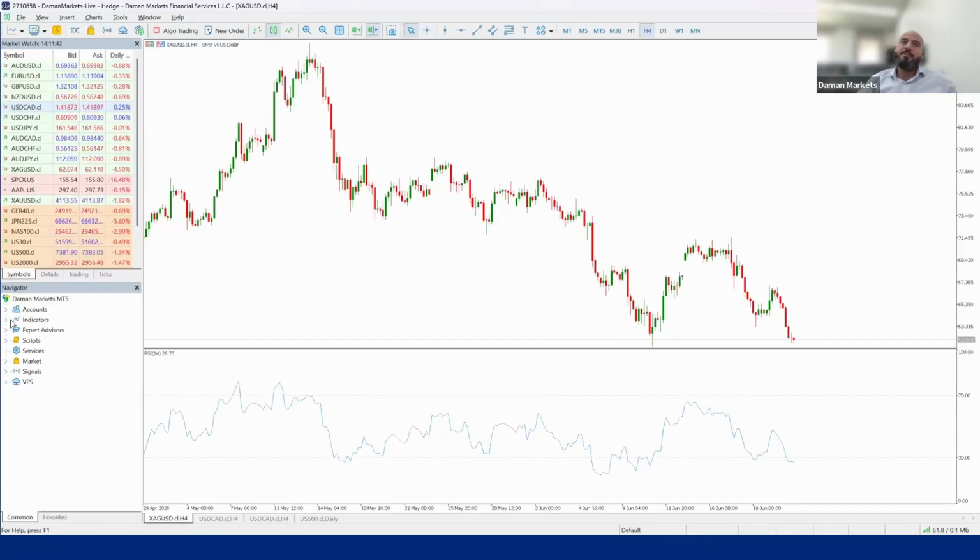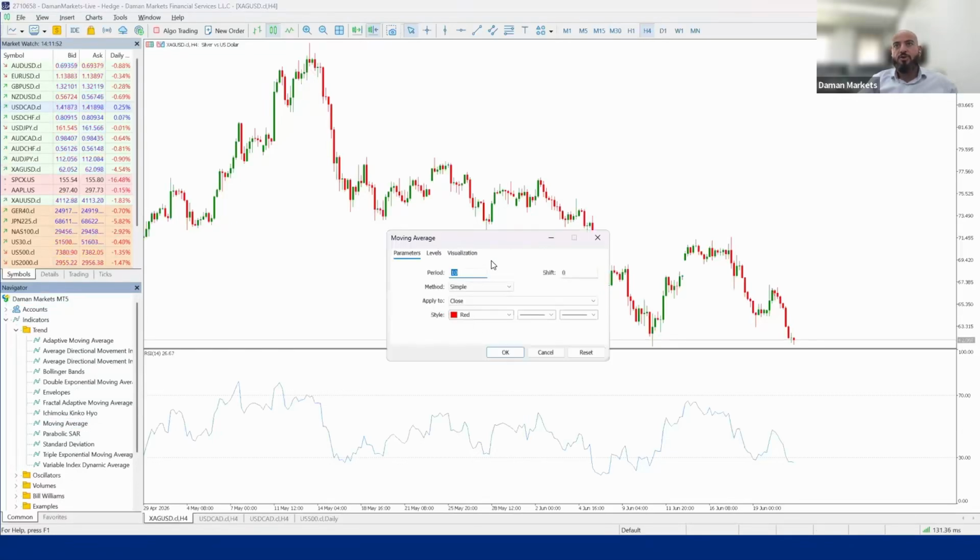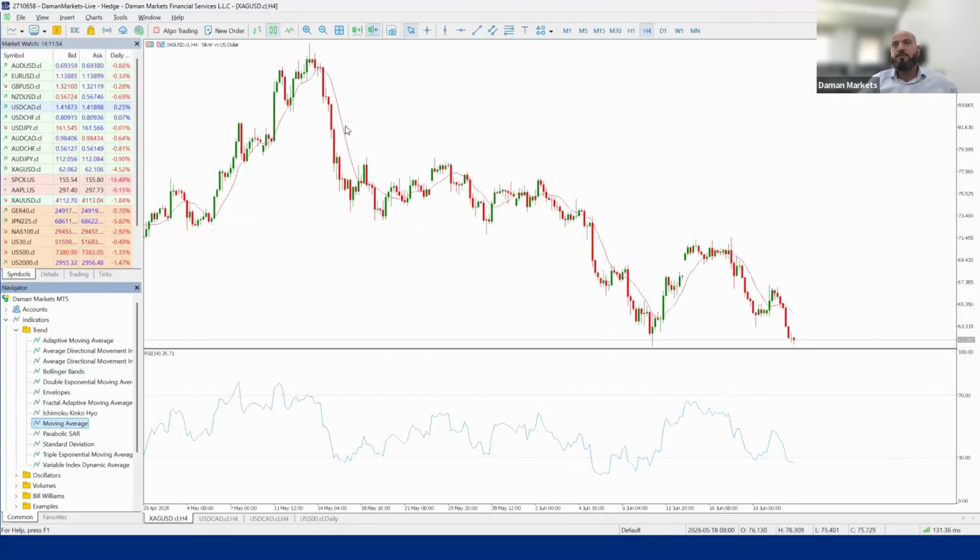And usually if you add indicators such as moving averages, so if you take trend indicators, for example, let's take the moving average, plot it on the chart, you notice that this moving average, this line here, is drawn on top of the candles or behind the candles.